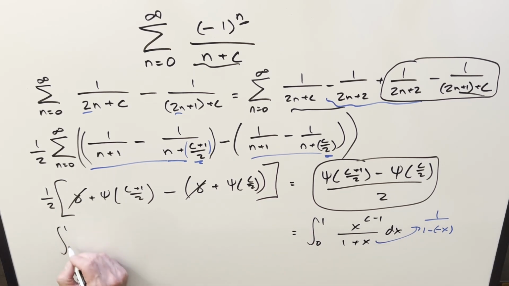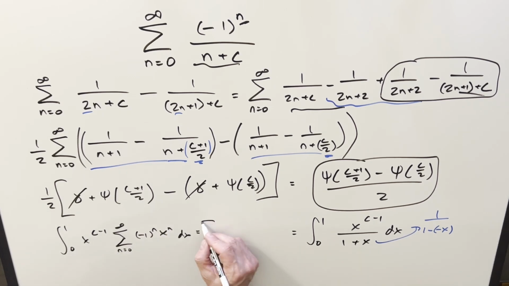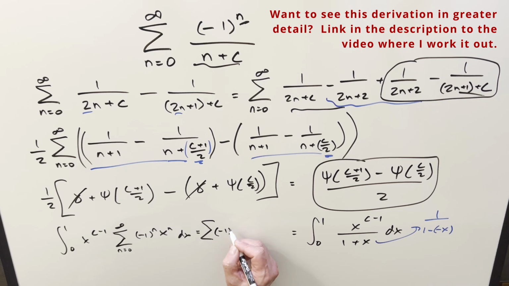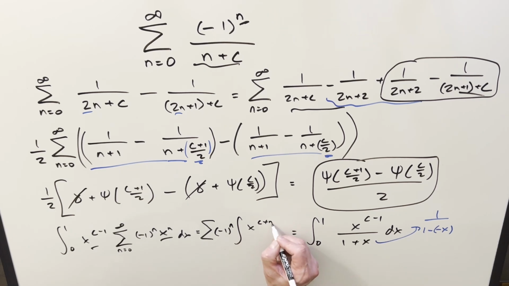With the geometric series, if you multiply by x to the c minus 1, this becomes the sum of minus 1 to the n, x to the n. When you shuffle this around, I know I'm doing it really rough, you get the same base, so you end up integrating x to the c plus n minus 1.